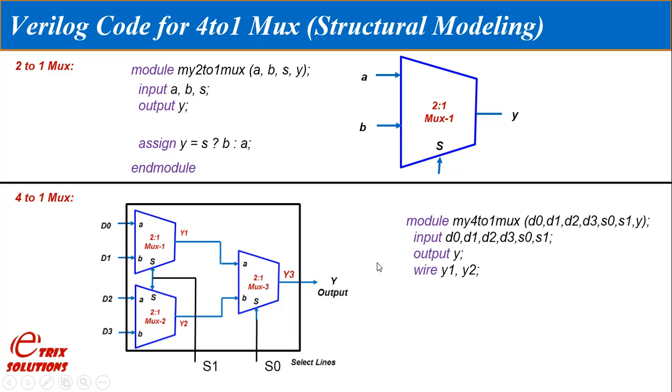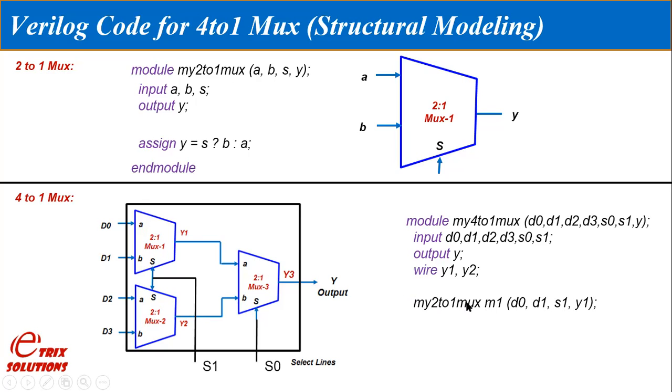Now we can call the previously implemented 2 to 1 multiplexer one by one and then define the interconnection to have the 4 to 1 mux. So let us call my 2 to 1 mux M1, meaning multiplexer 1. We are calling 2 to 1 multiplexer 1, and in the parenthesis it defines the connection of the 2 to 1 multiplexer with the top module.